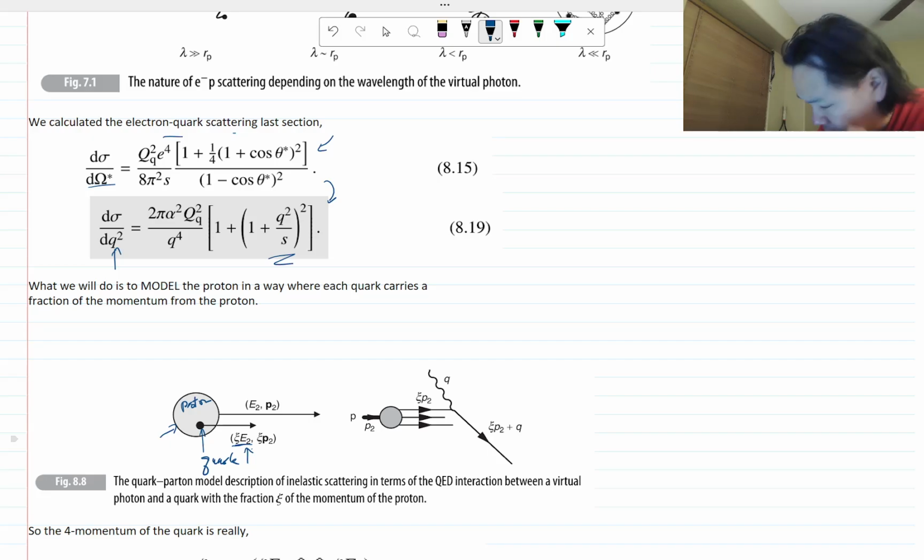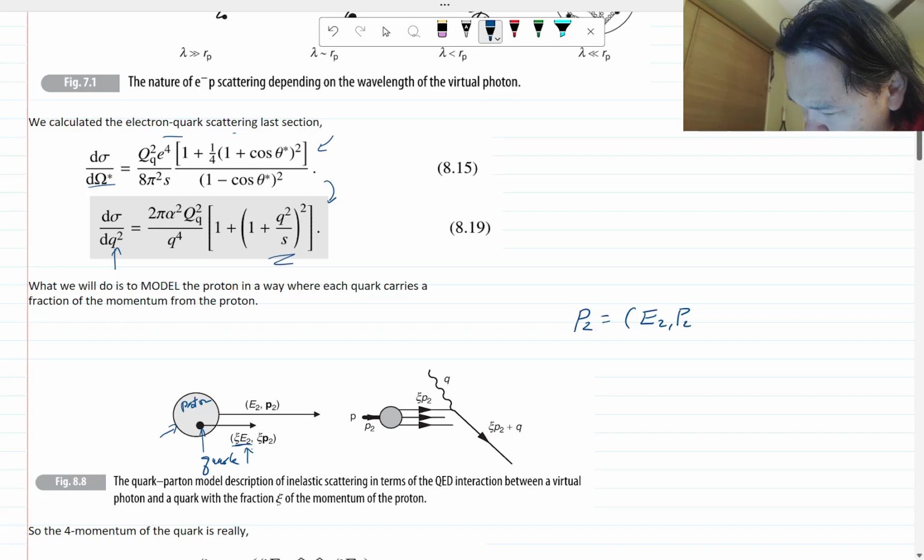And this quark is going to carry a fraction of the energy and momentum of the proton. How much of that? We're going to quantify it. So P2, the entire proton, has some energy E2 and some 3-momentum P2.